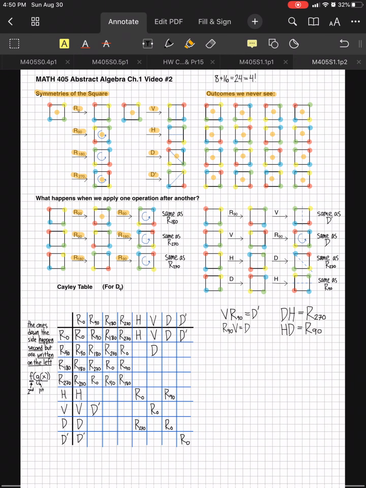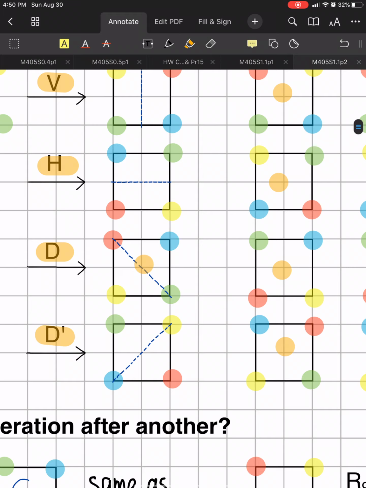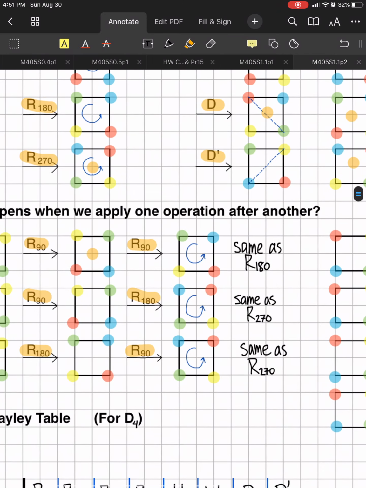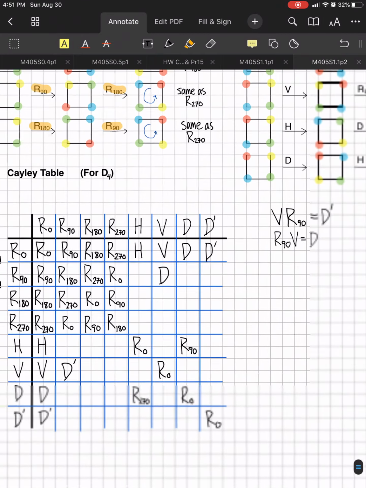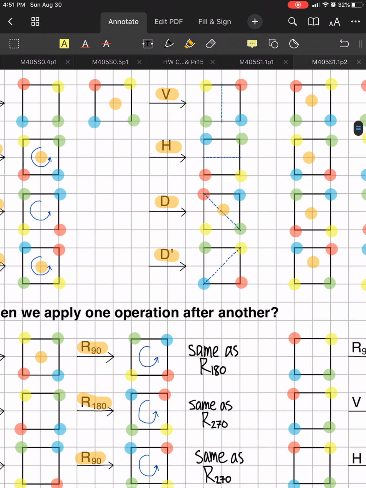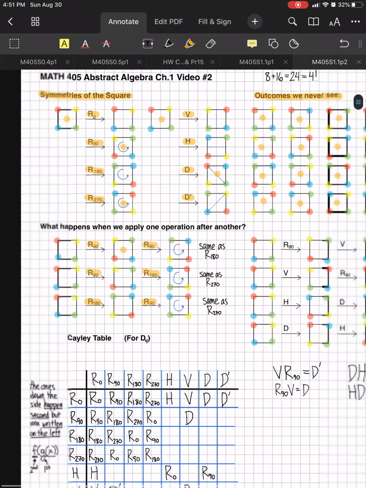If we do H followed by a 90-degree turn, well, that means we have upper left is green, lower left is blue, and if we look at that, the only thing we get there is R270, so, oh wait, no, hang on. H followed by, so we get upper left is green, lower left is blue. Sorry, that's D prime.